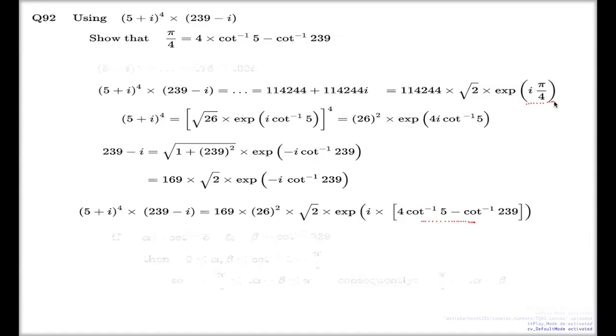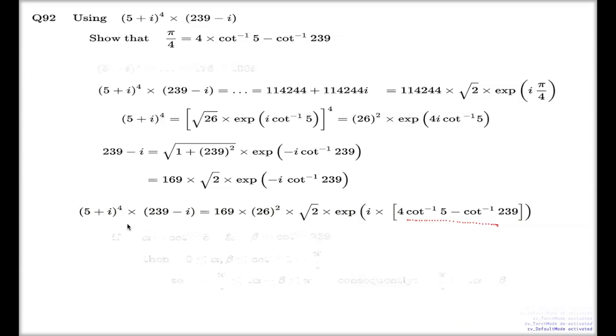When we have two exponential forms equal to each other, before we identify the arguments, we have to make sure that the arguments are within the same 2 pi interval, because otherwise they may differ by 2 pi or a multiple of 2 pi. Without this verification, you cannot identify the arguments with each other. This one is obviously between negative pi and pi. I'm going to convince you that this one is also between negative pi and pi.